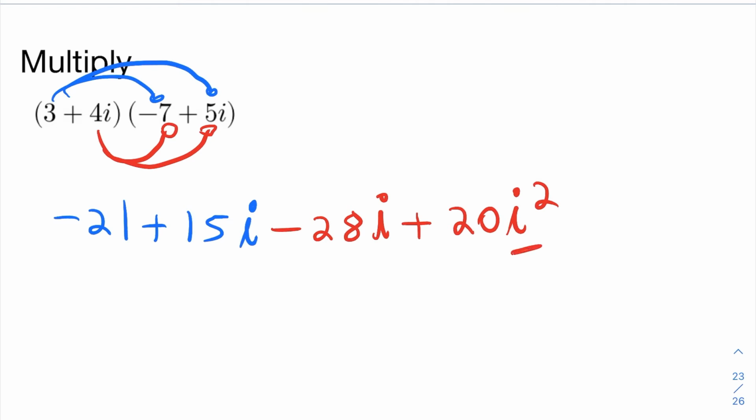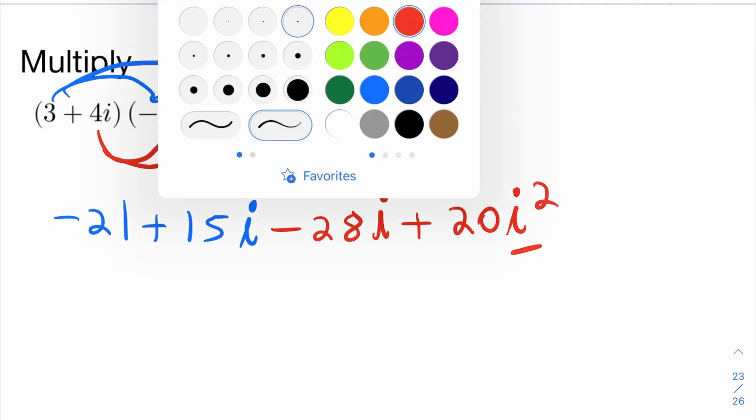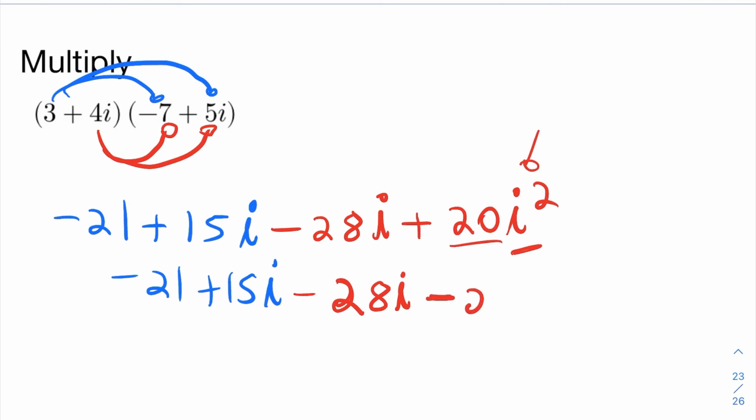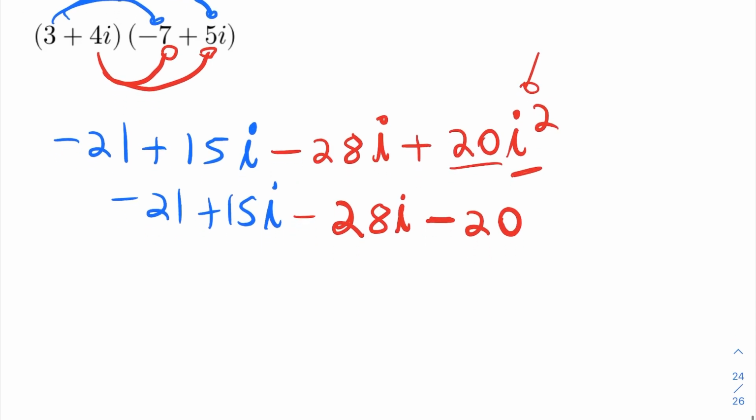And this thing here, we know what i squared is equal to. So we got this negative 21 plus 15i and this minus 28i, but then i squared is negative 1, and that's negative 1 times 20. That's negative 20, because the i squared is going to be negative 1. And then you just combine the like terms. So let's see like terms.